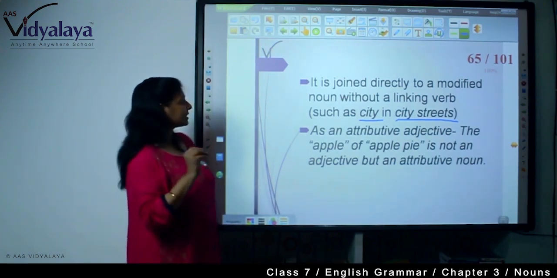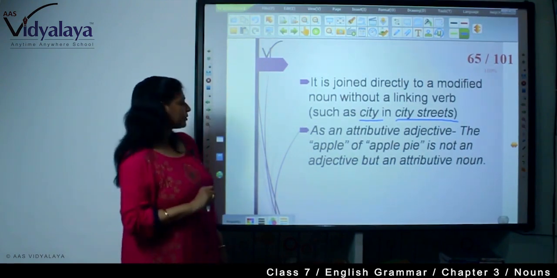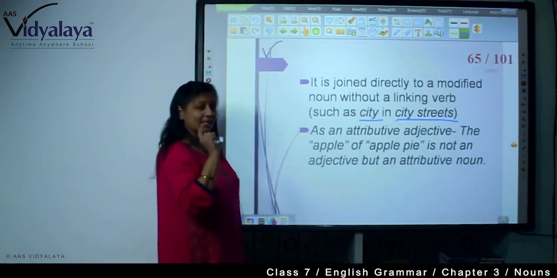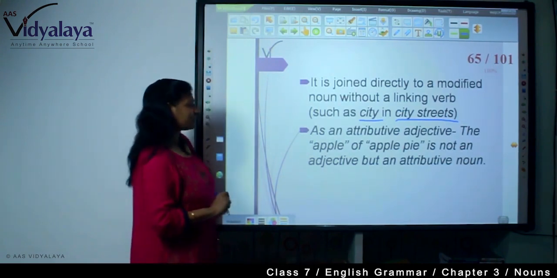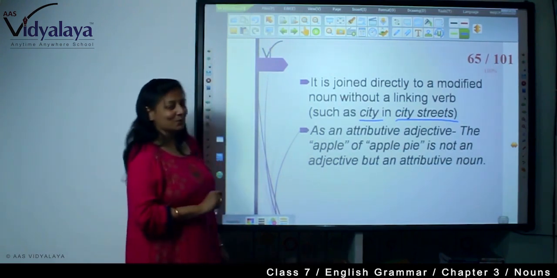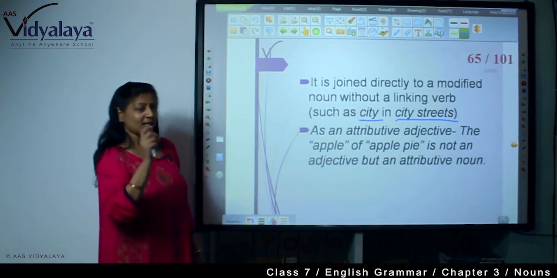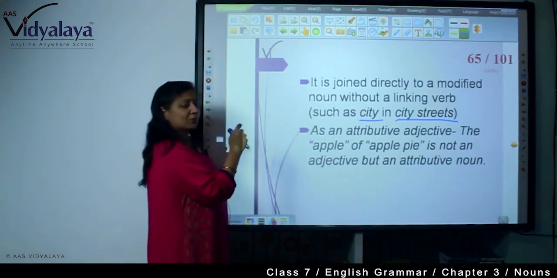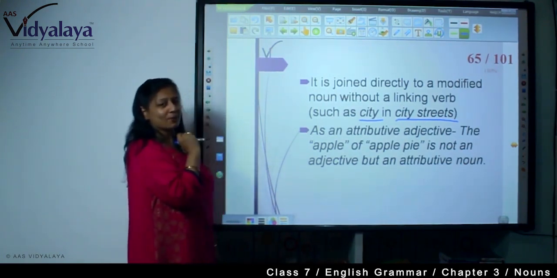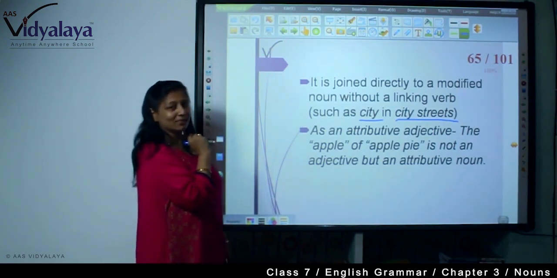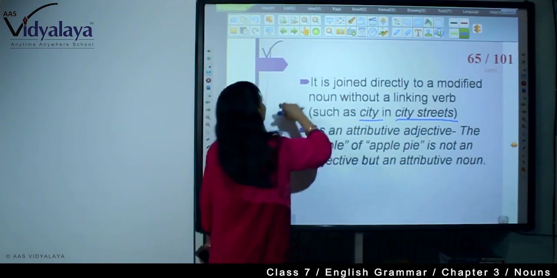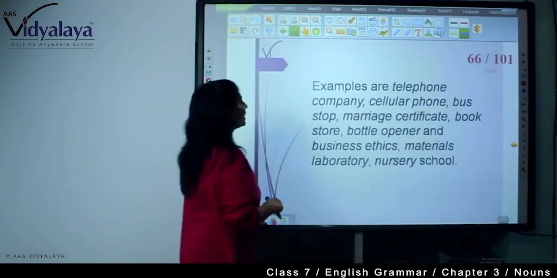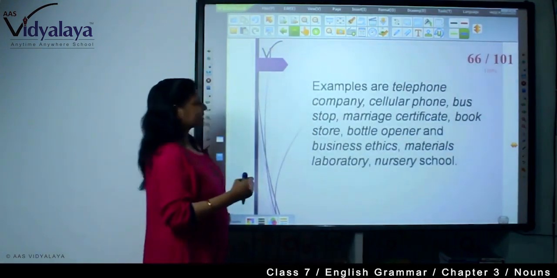So, these are all this type of modifiers, or these are all attributive nouns. As an attributive adjective, the apple of apple pie is not an adjective but an attributive noun. Now, in the apple pie, what type of pie is this? This is an apple pie. But actually the apple is here an attributive noun, because noun is used as an adjective.